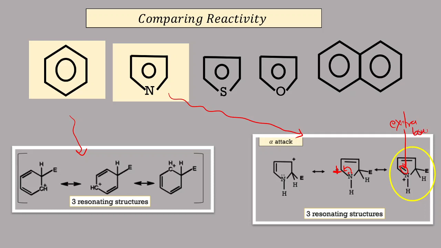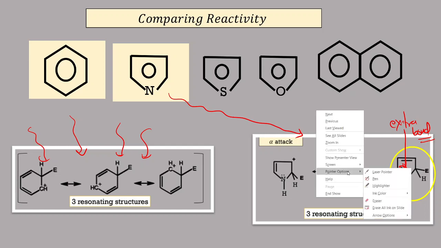This is a very good, very stable resonating structure, and there is no such thing happening in case of benzene, because there is no atom which has a lone pair which can donate and give a resonating structure with an extra bond. So that's not happening in benzene, but that is happening in pyrrole.